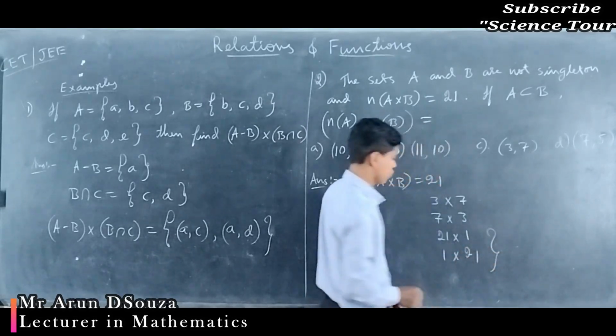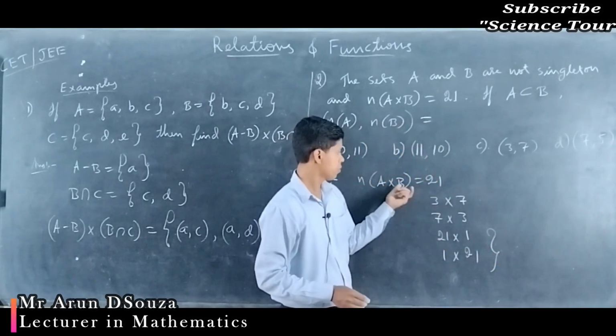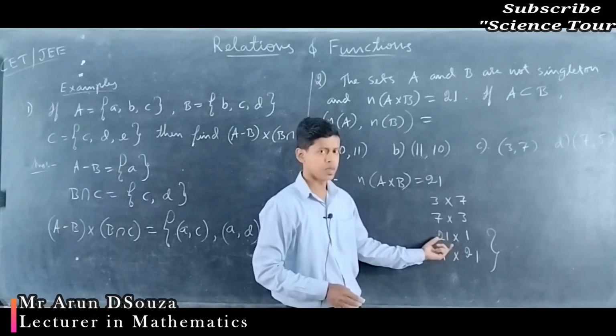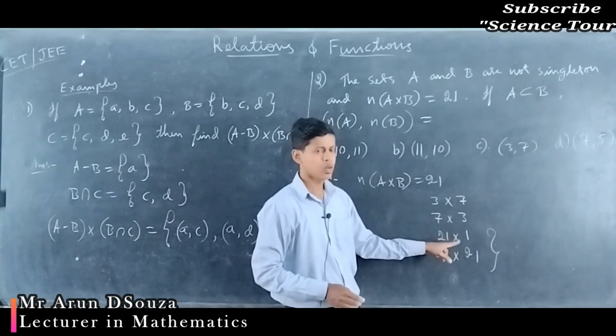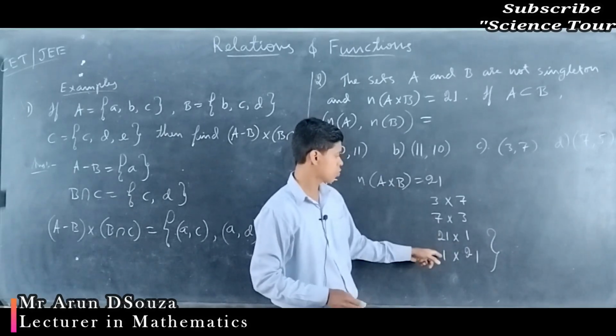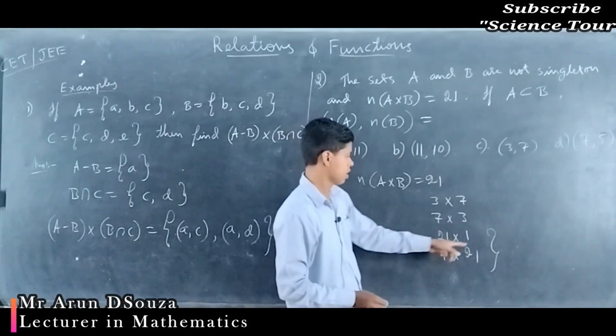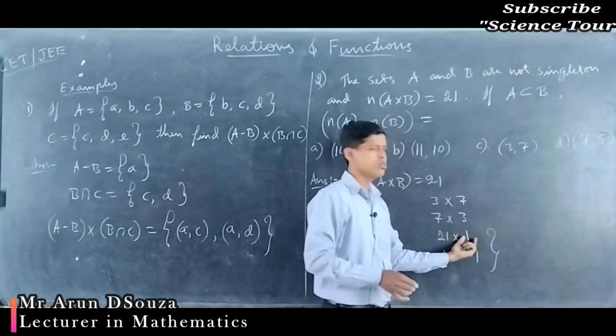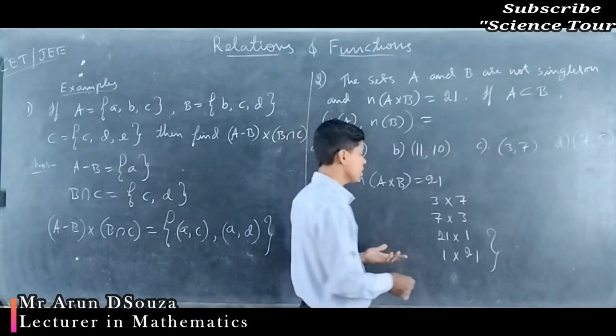Look at these two. Here B has 1 element and A has 21 elements. Here A has 1 element and B has 21 elements. Now is this possible? They are saying A and B are not singleton, therefore they cannot have just 1 element. They should have more than 1 element.